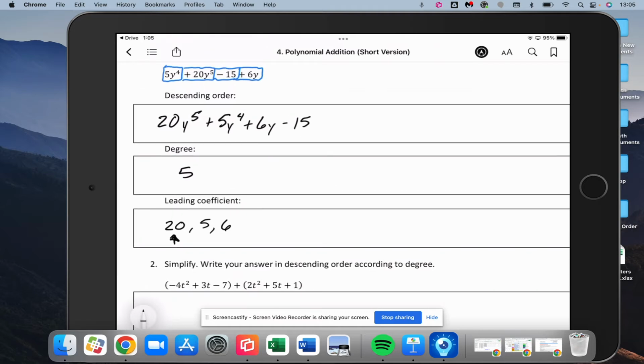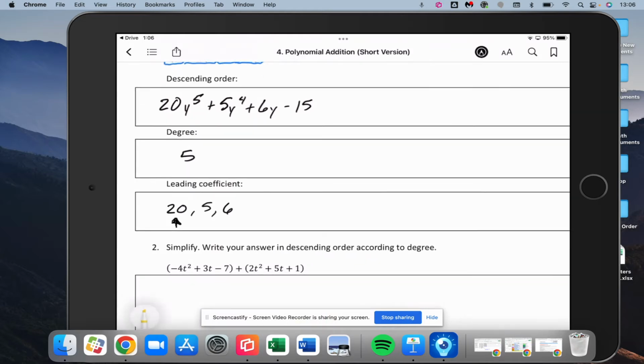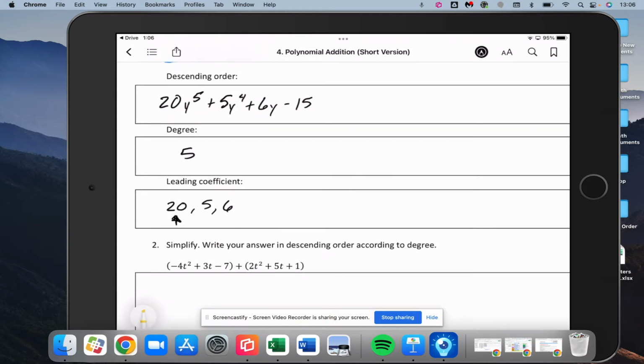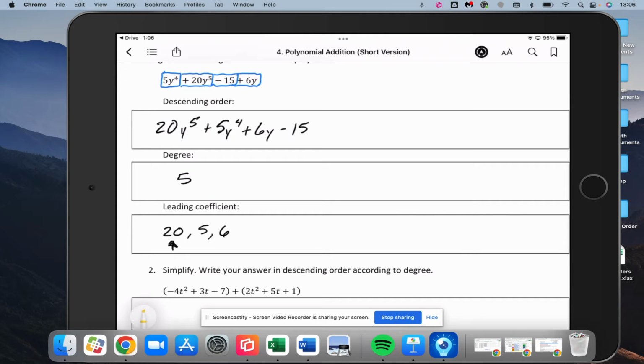Alrighty, and just one more note, writing things in order of degree from highest degree to lowest degree is not necessarily something that's required in math. It's just kind of a norm. It's just something that we do as mathematicians. We put things in order from highest order to lowest order.